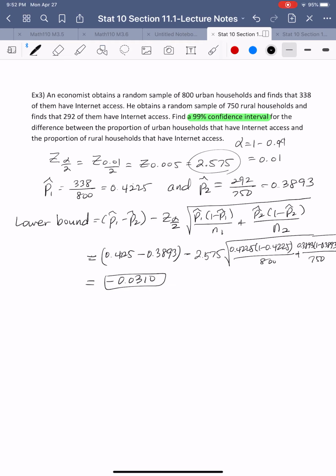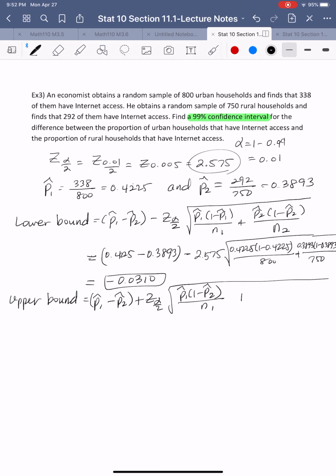Okay. As the upper bound, we have to add it, right? So p1 hat minus p2 hat plus z sub alpha over 2 of square root p1 hat times 1 minus p1 hat over n1 plus p2 hat times 1 minus p2 hat over n2.